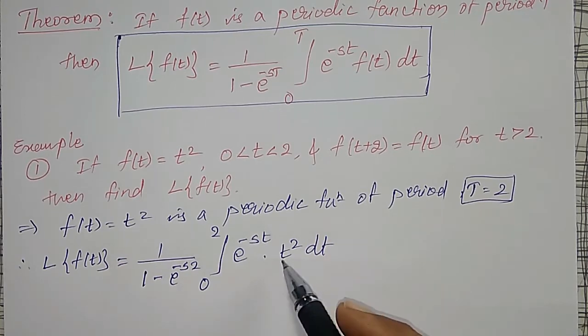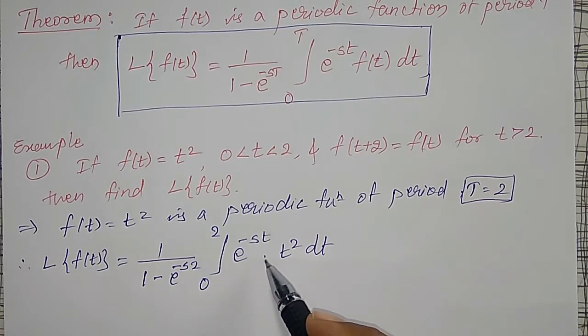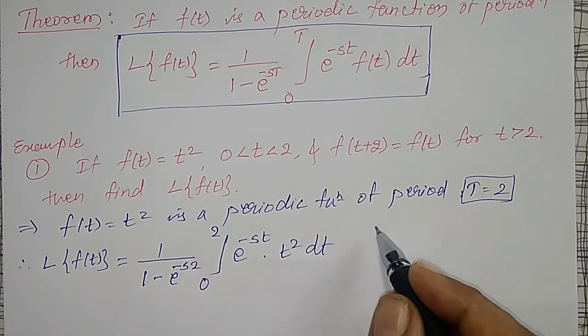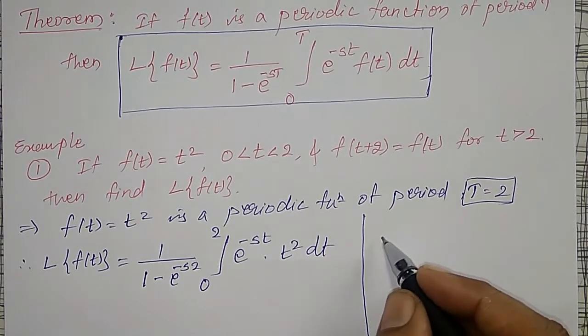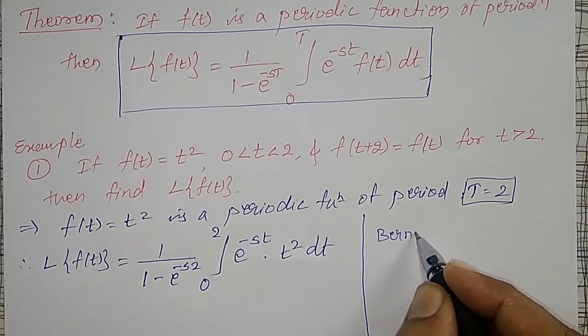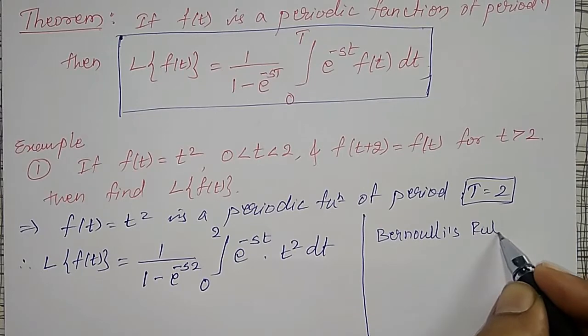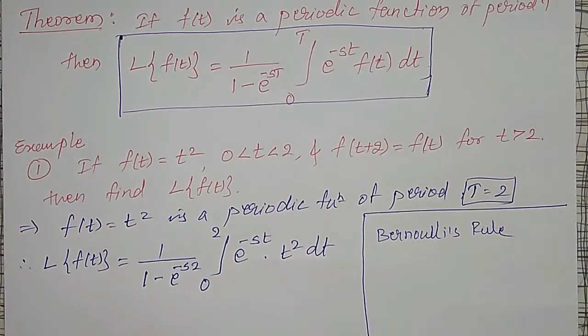Okay, to integrate this function, e raised to minus st into t squared, I will use Bernoulli's rule of general integration.